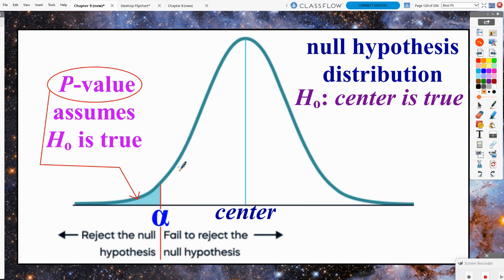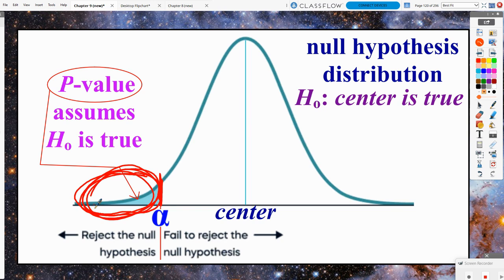That's when we have a p-value that is smaller than the alpha level. So let's say the alpha level's right here, whether that's 5%, 1%, 10%, I don't know. Whatever the alpha level is right here, if we ever get results that are smaller than that alpha level, then we would reject the null hypothesis. So it's in all of these scenarios down here that we would even reject the null hypothesis.